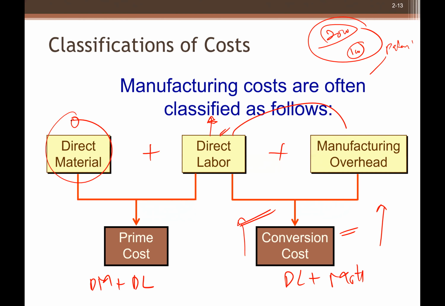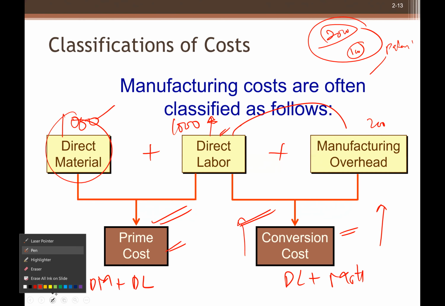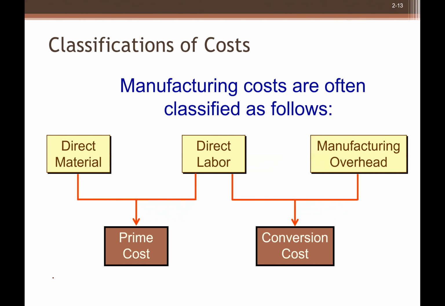But what about the manufacturing facility? Their prime cost is very high. Why? Because they need to buy raw material and then convert it into finished goods. They need labor, but their conversion cost is very low, maybe 200, right? In that case, the managers are worried about prime costs, right? So why classify the manufacturing cost further into prime cost and conversion cost?